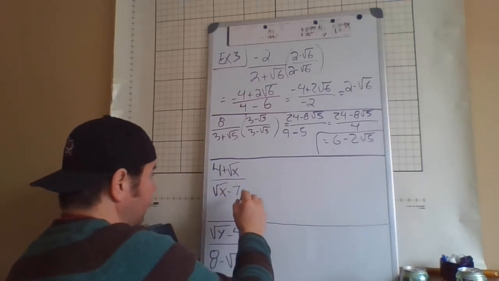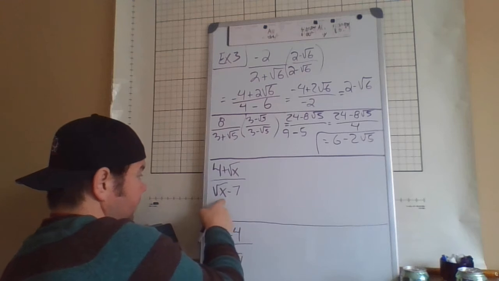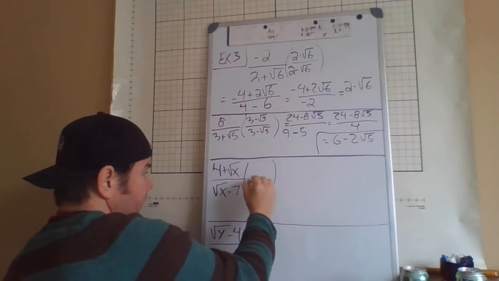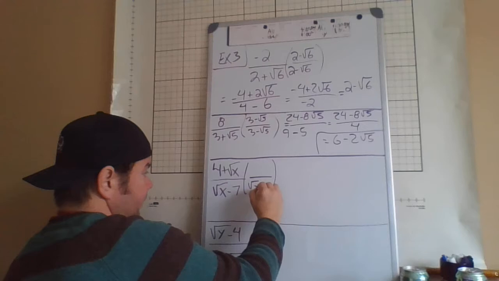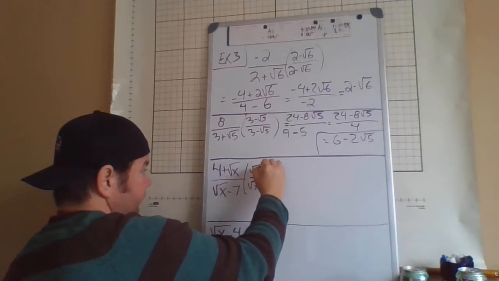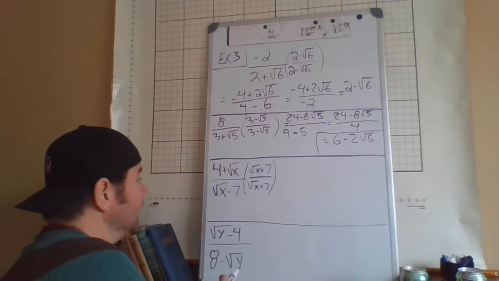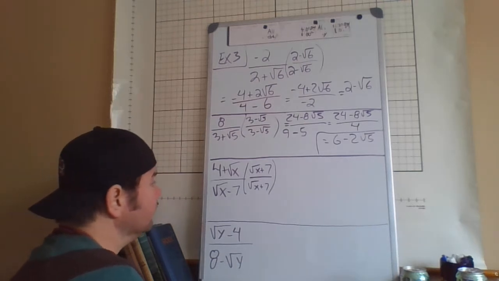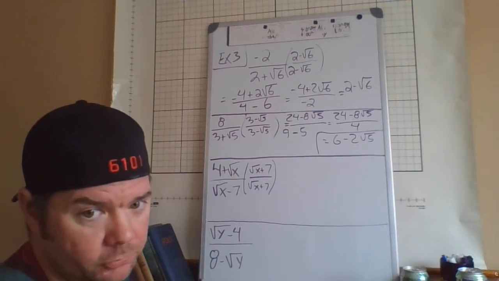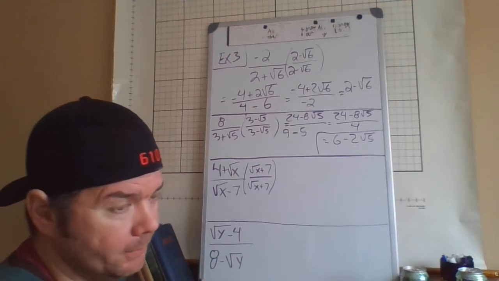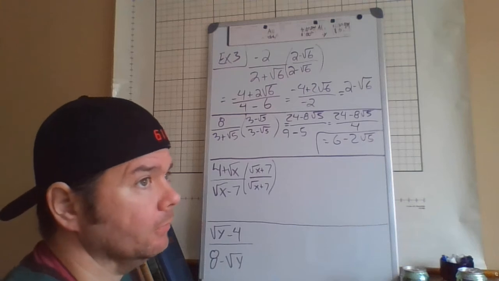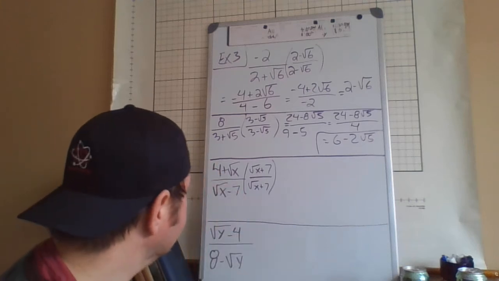Here we have, okay, the conjugate here is square root of x plus 7. Let's do some foiling. Again, you know how to do the foiling. You know how to do the box method. I'm going to do this in my head because I've been doing this for 41 years and I have that ability.